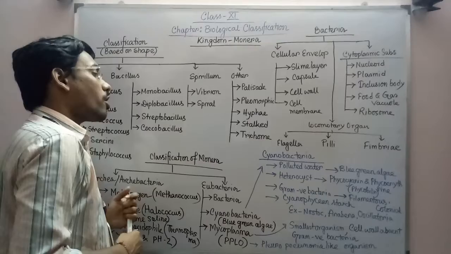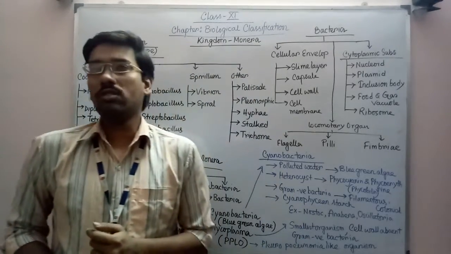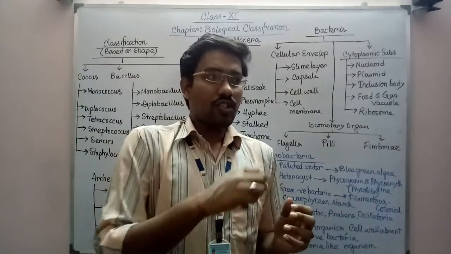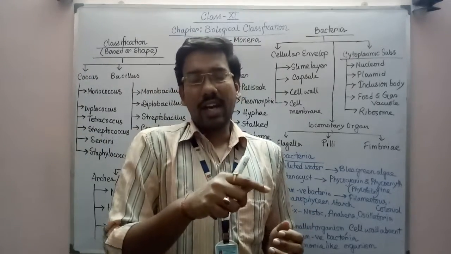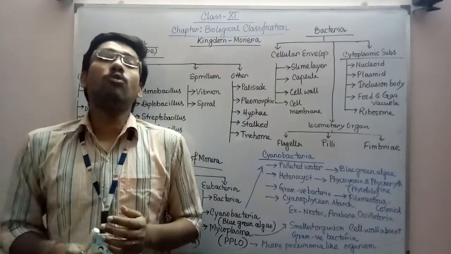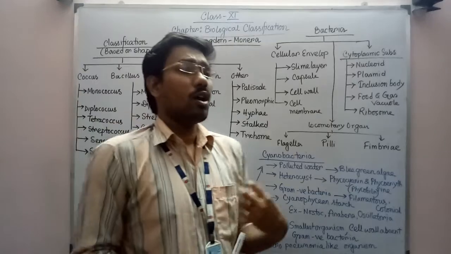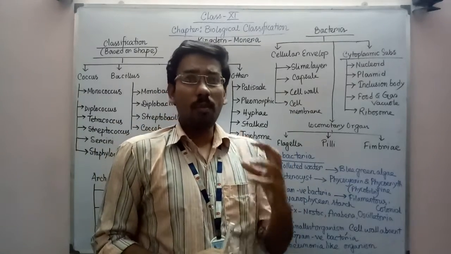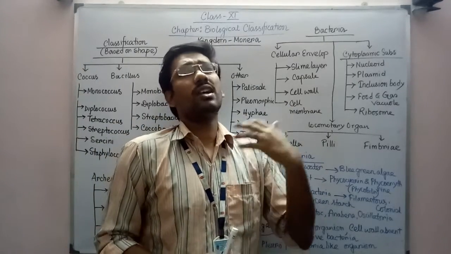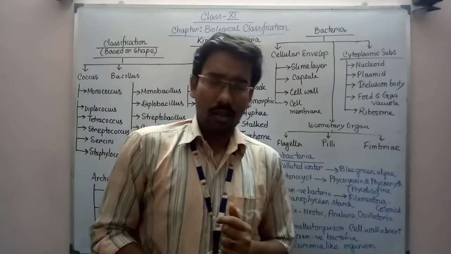Here one specific point we have to keep in our mind: in case of bacterial cells it has been found that the cell membrane is protruding inward. Again I am saying, the cell membrane is protruding inward and making several pouch-like structures, and those structures are commonly present for controlling bacterial replication, bacterial respiration and other activities.